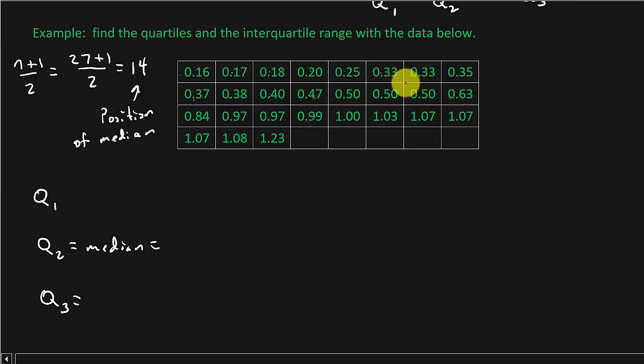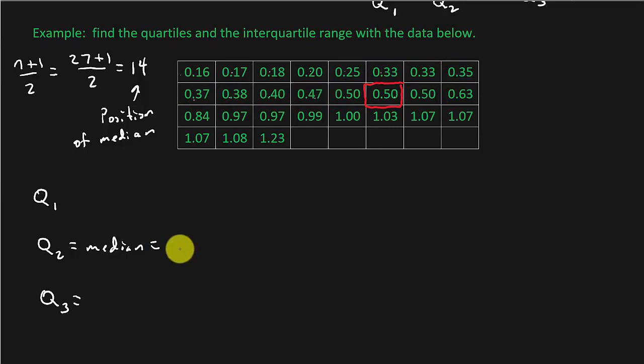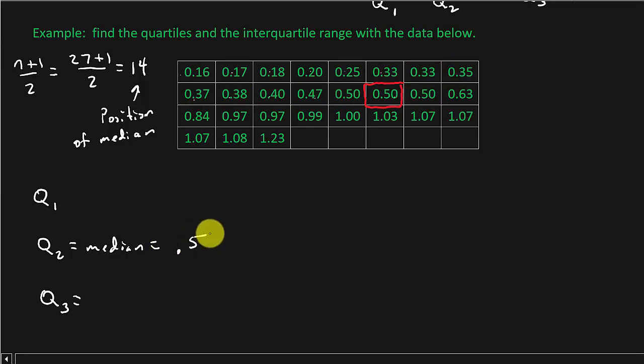So that is right here. That's the data value in the middle. See? 1, 2, 3, 4, 5, 6, 7, 8, 9, 10, 11, 12, 13, 14. So the median is 0.5. Yes, you can write down 0.50, 0.50, 0.5, same thing.